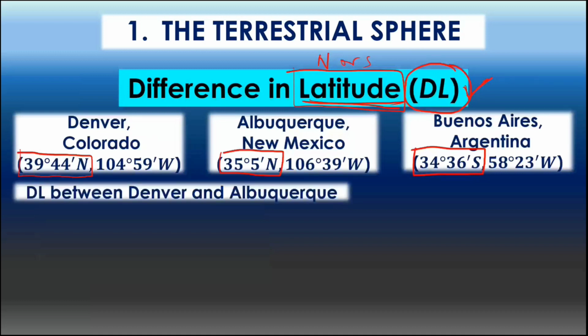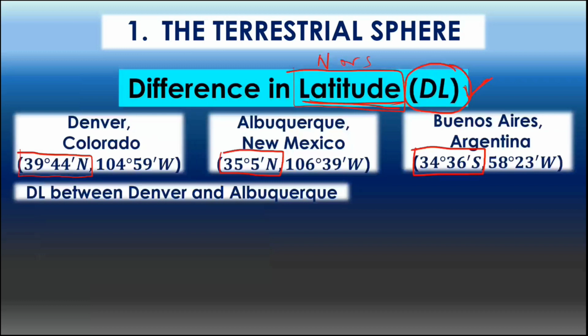So what is the difference in latitude between Denver and Albuquerque? If you take a look at the latitudes, Denver is 39 degrees and 44 minutes north, and then Albuquerque has a latitude of 35 degrees, 5 minutes north. If you can notice, both are on the same hemisphere.